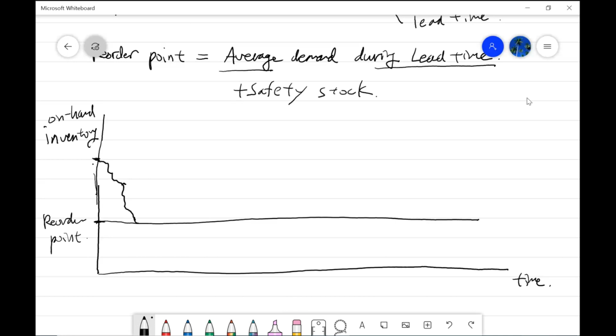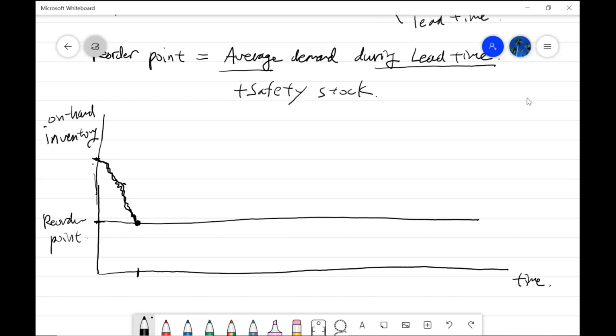Then let's start at the beginning again. The inventory level is decreasing irregularly because demand is not constant and also uncertain. Under the continuous review system, I'm supposed to keep watching my inventory as time goes on, and I just keep waiting until the inventory level hits the reorder point. When the inventory level hits exactly the reorder point, that's the time when I have to order, okay?